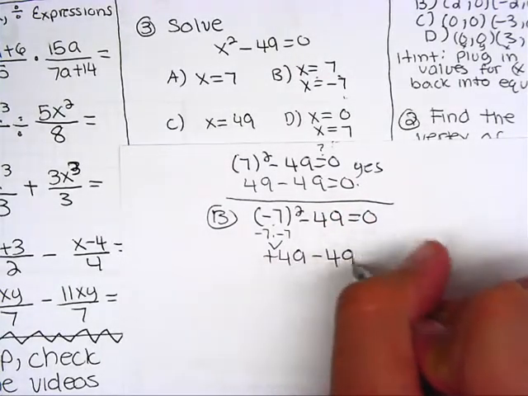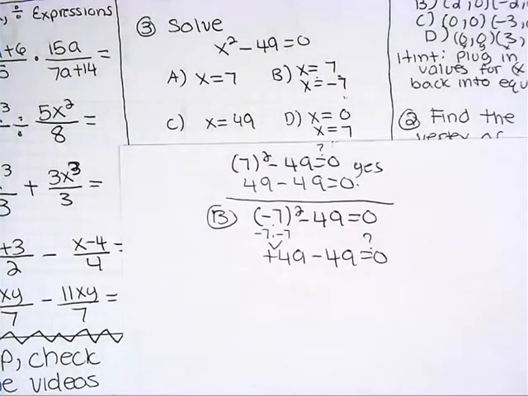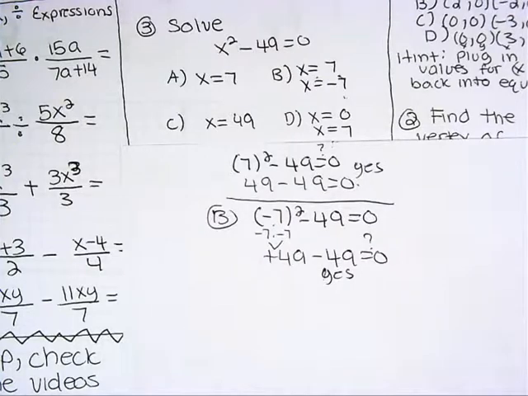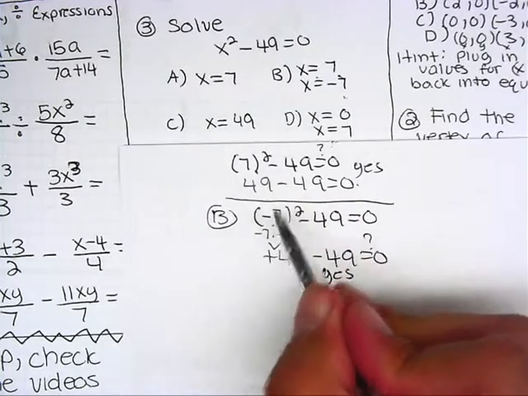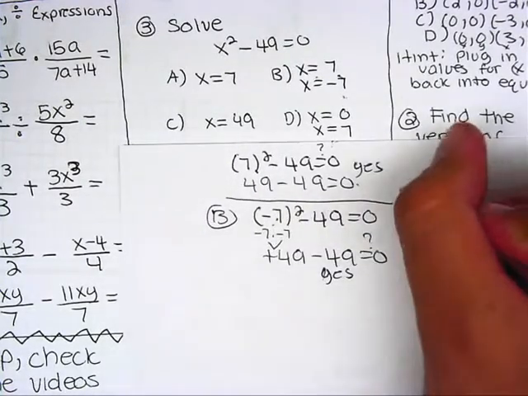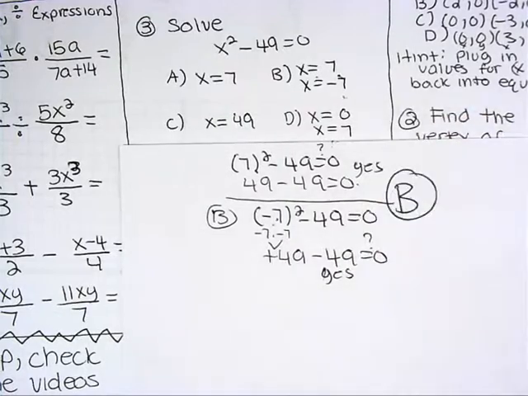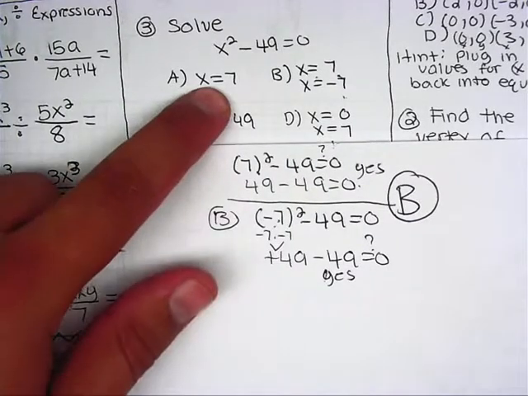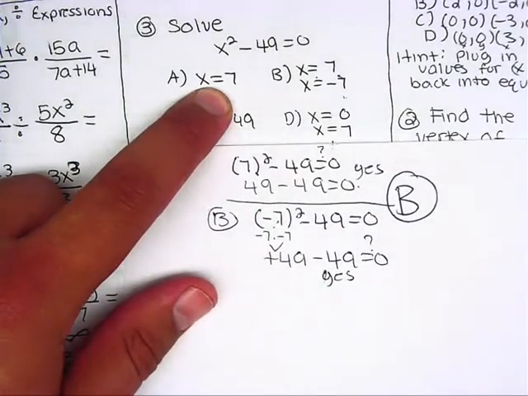Positive 49 minus 49, does that equal 0? It turns out that it does. So the two answers that worked were 7 and negative 7. The answer is B. It is the more complete answer. A has 7, but it does not have negative 7, which is true as well.